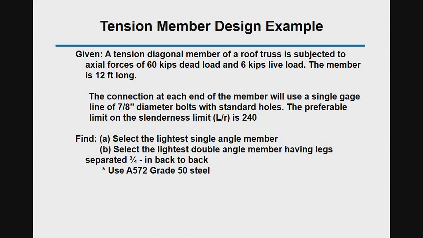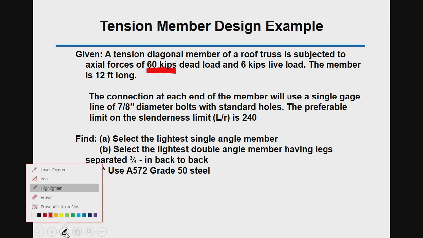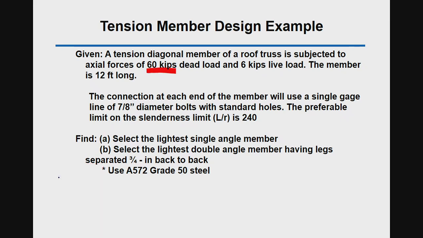Okay, so let's look at the problem given. A tension diagonal member of a roof truss is subject to an axial force of 60 kips dead load and 6 kips live load.